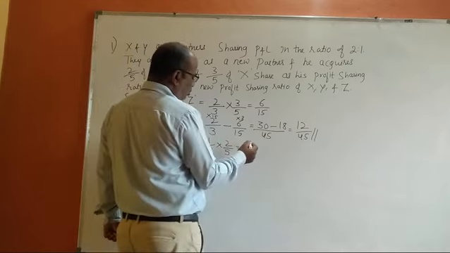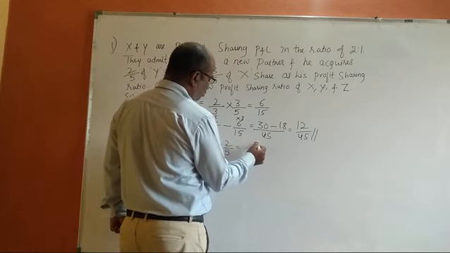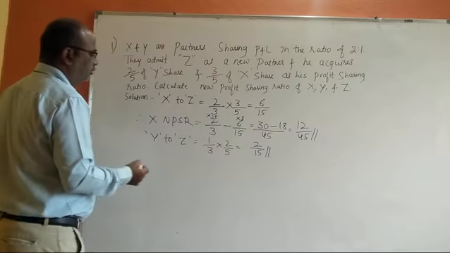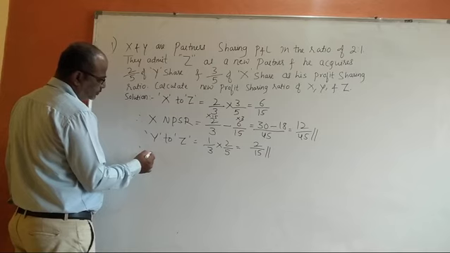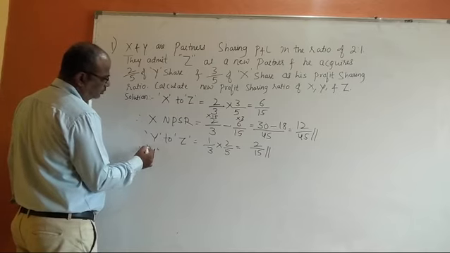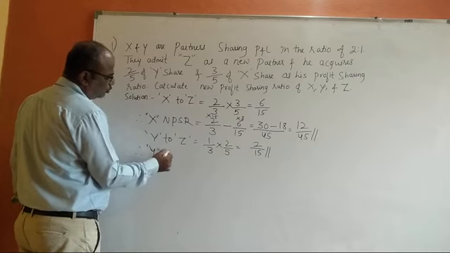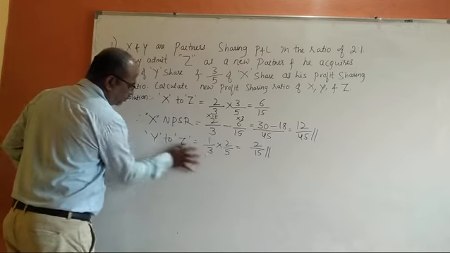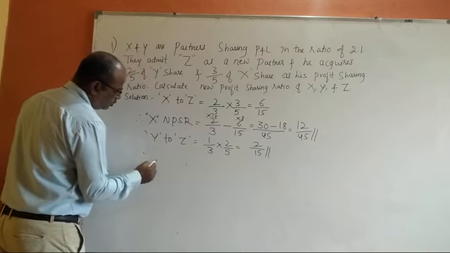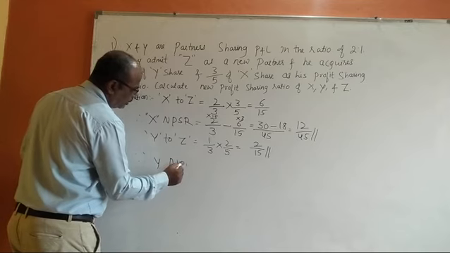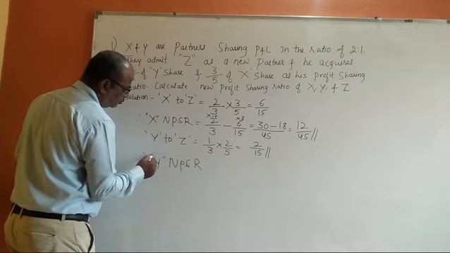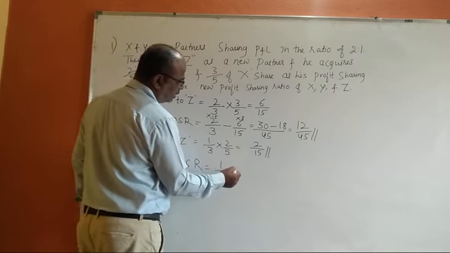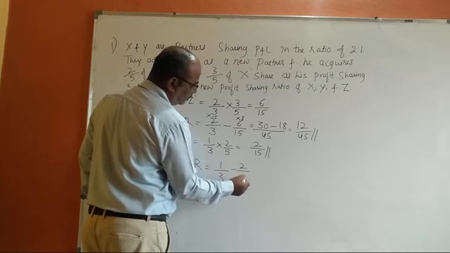So he has given 2/15 towards the share of Z. Therefore Y's new profit sharing ratio equals his old ratio, 1/3, minus 2/15.